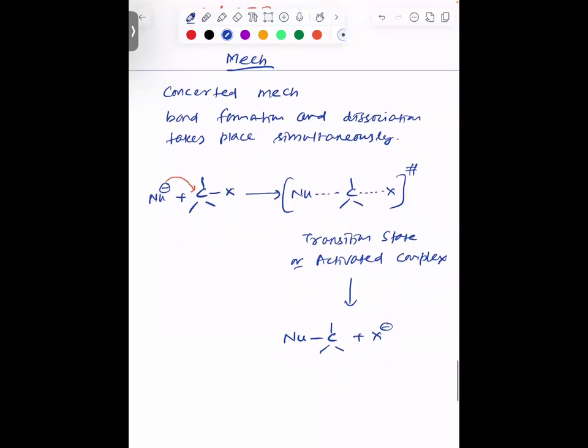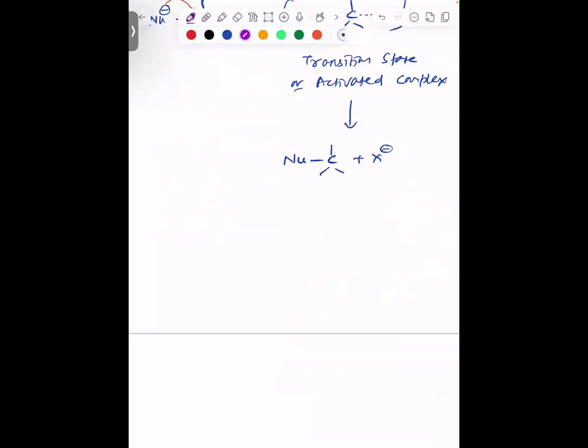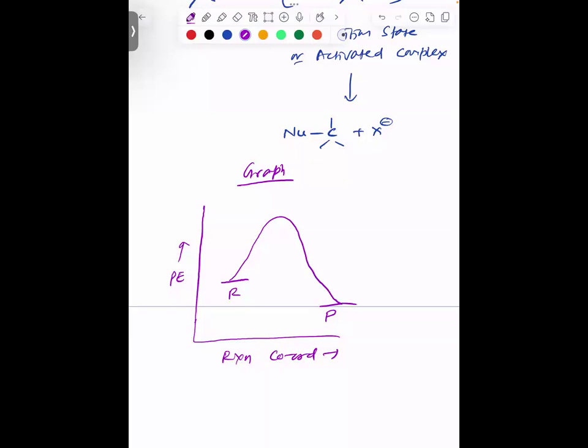So next, what is the graphical presentation? Let's see the graph. You can take this is the reaction coordinate and potential energy. This is reactant, this is product. So reactant makes the product through the intermediate known as the transition state or activated complex.